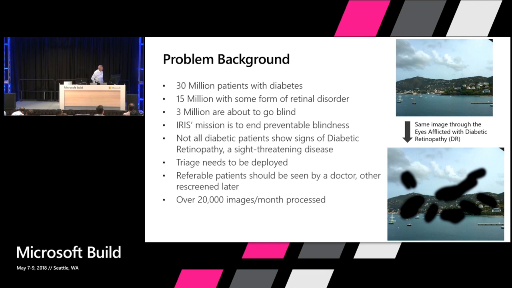and the eventuality is that someone having this disease will go blind. So the problem we're tackling is to triage the patient. All our patients are diabetic patients, and we need to triage them. Triaging means that we have to separate observable patients from referable patients, so patients having none or mild DR from those who are in the late stage of DR. We process over 20,000 images per month, and this number will probably double by the end of this year.